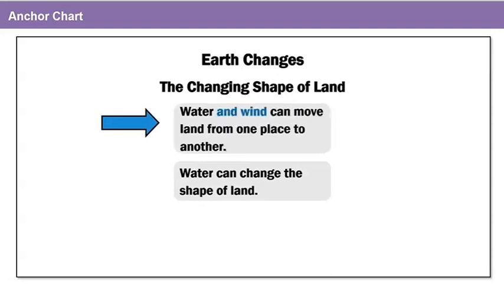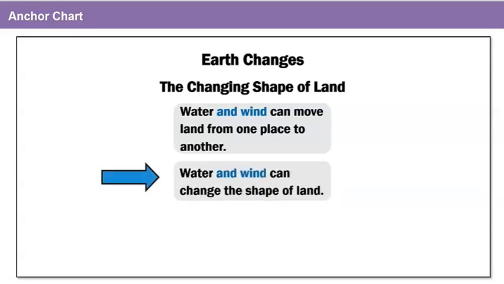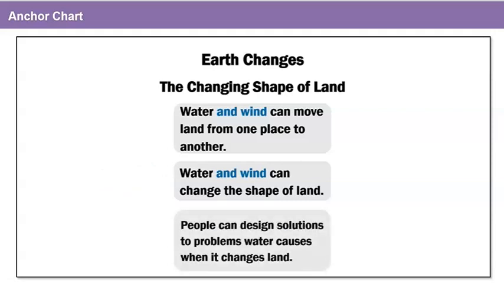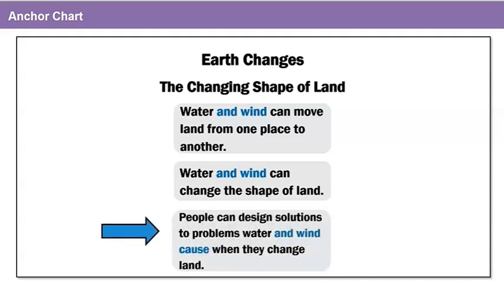Well, water and wind can move land from one place to another. Water and wind can change the shape of land. We also saw some systems to keep land in place. People can design solutions to problems water and wind cause when they change land.